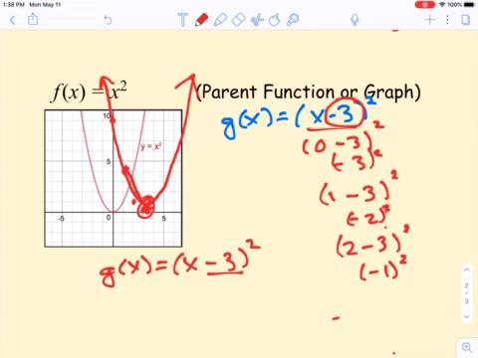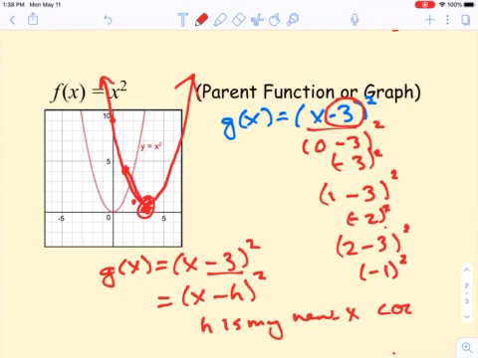No, because the form is x minus h squared, where h is my new x coordinate of my vertex. It doesn't say negative x, it says x. So if it's x minus 2, my new x coordinate would be positive 2.